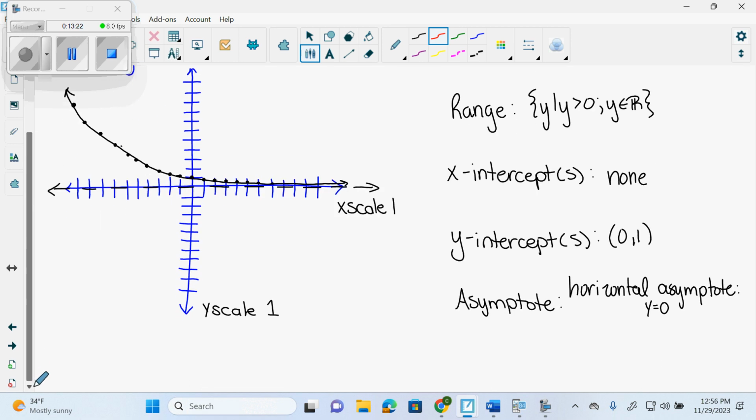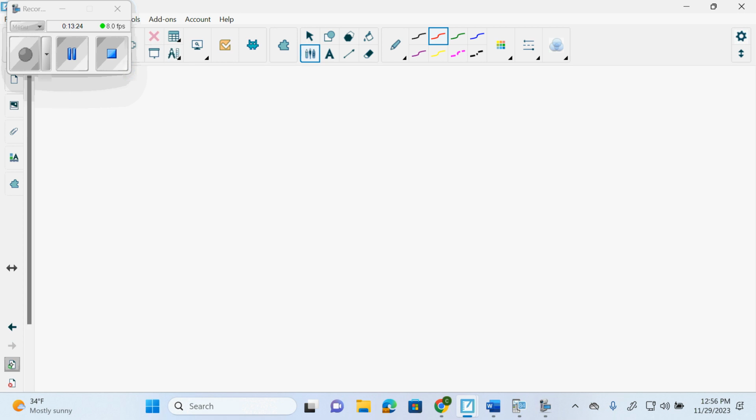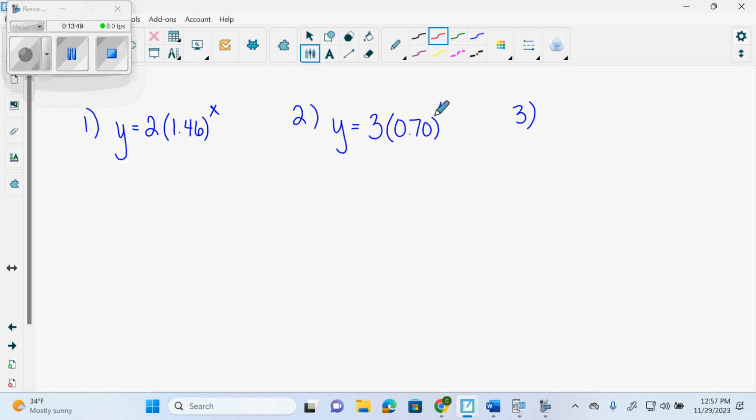All right. So if I give you these three: y equals 2(1.46)^x, y equals 3(0.70)^x, and y equals 1/2(3)^x.